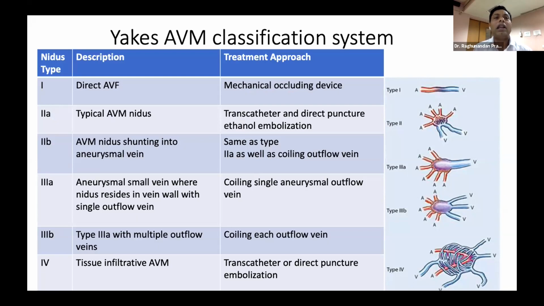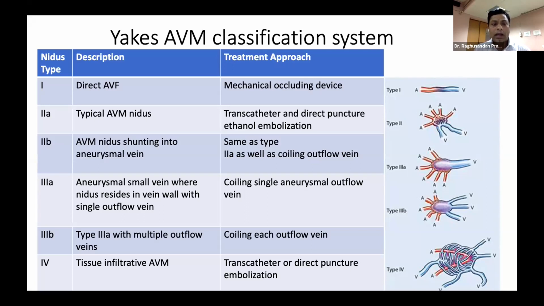Type 1 is direct AVM, where you see an artery directly communicating with a single vein. These kinds of lesions are more common in the nervous system and in pulmonary AVM circulation. These lesions are very easy to treat by an endovascular approach. All you need is to put some mechanical barrier at the level of the connection.